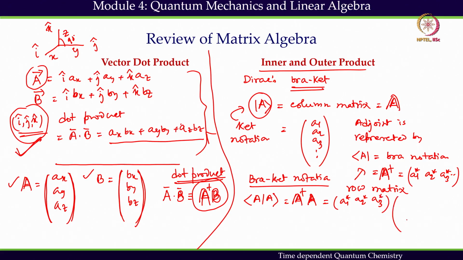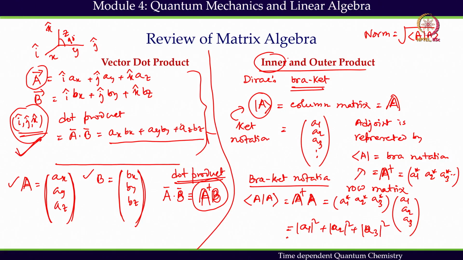Let us assume that I have 3 elements, then A1, A2, A3. I multiply, I get A1 square plus A2 square plus A3 square. And the norm is given by the square root of this inner product. This is called the inner product.